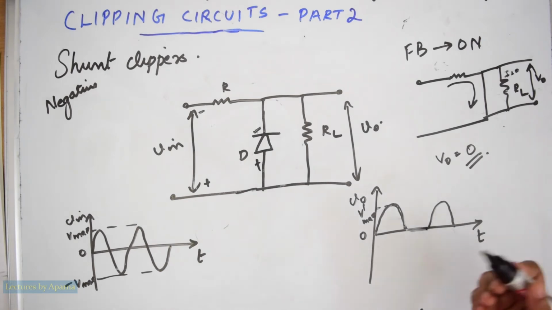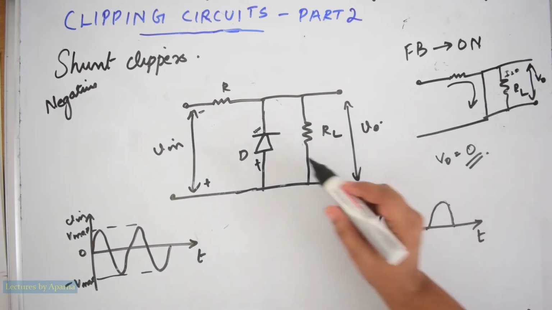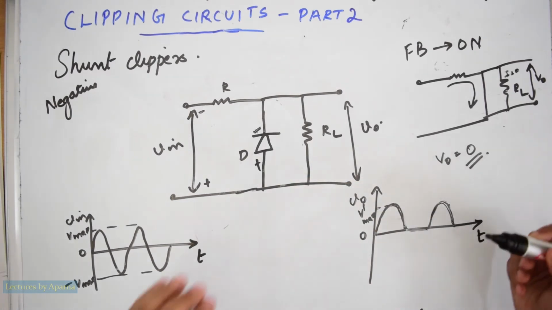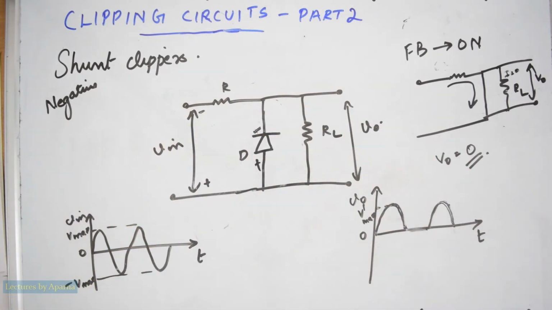in this portion. Again, in the next positive half cycle, diode will be off. This diode will be off and this path won't be there. Current will flow through this. This is the working of negative shunt clipper.